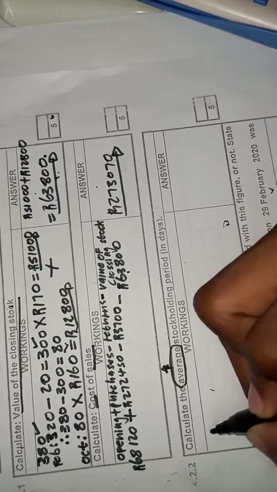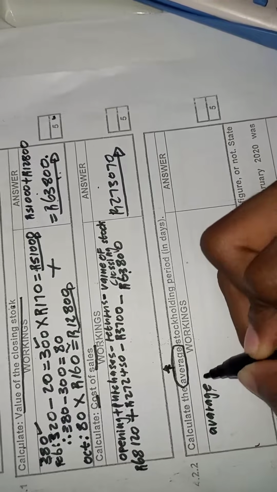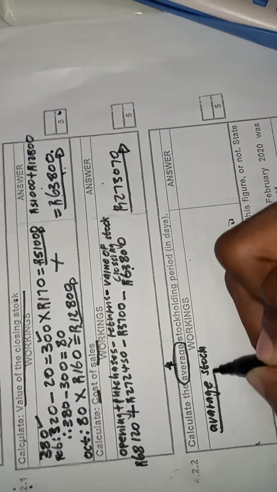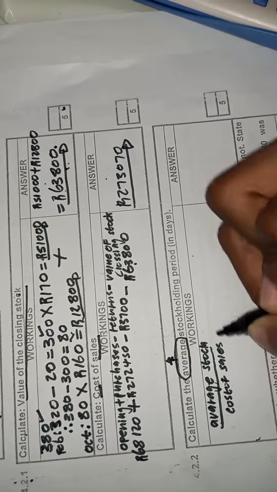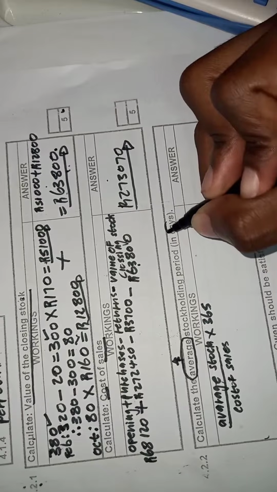Okay, let's continue. Now let's calculate the average stock holding period. The formula says average stock divide by cost of sales, times 365 days. They said in days.